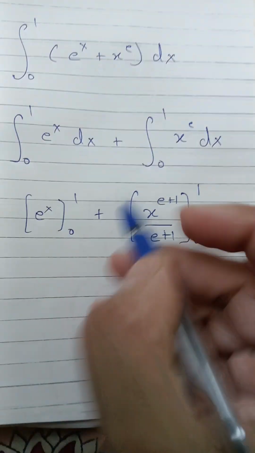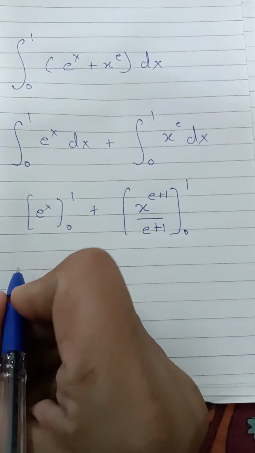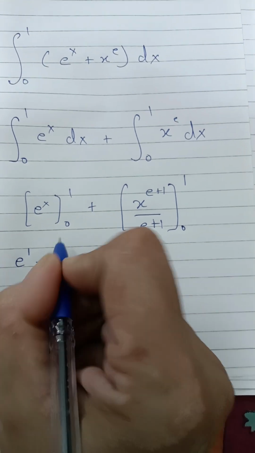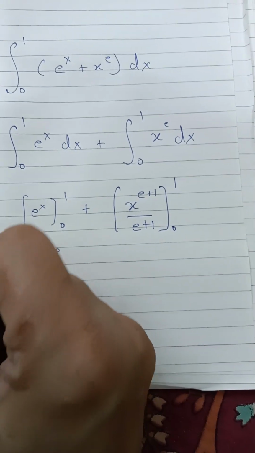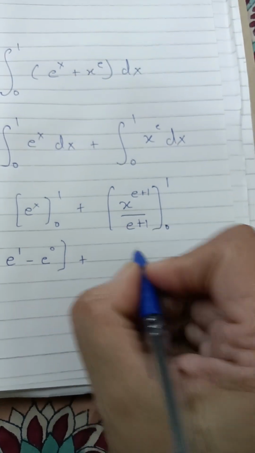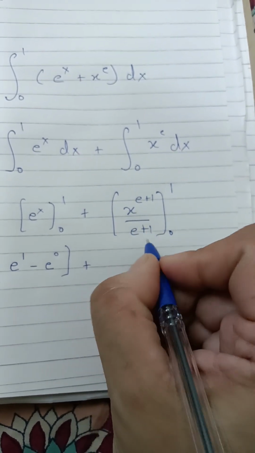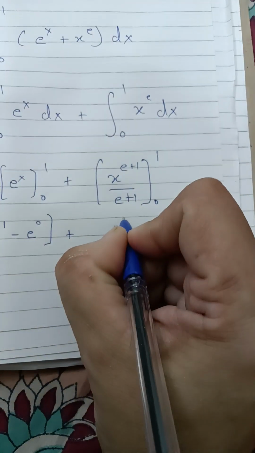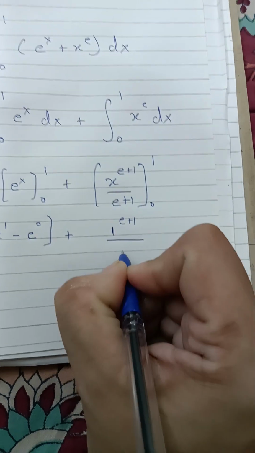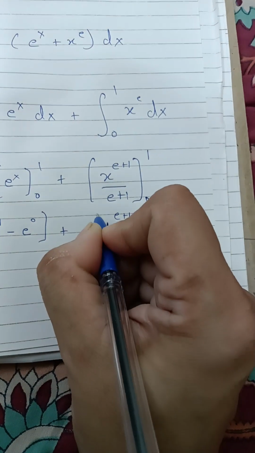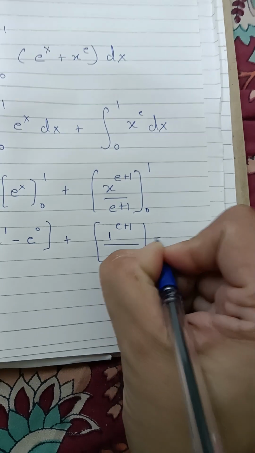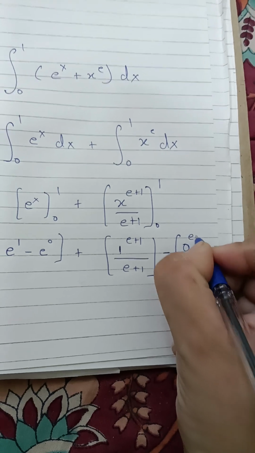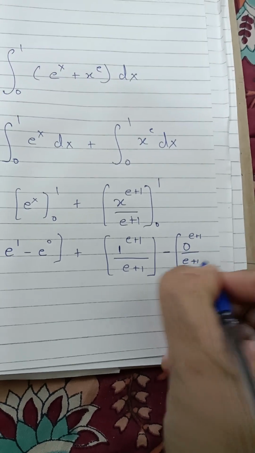Now, just putting in the values, it becomes e raised to 1 minus e raised to 0, plus 1 raised to e plus 1 upon e plus 1, minus 0 raised to e plus 1 upon e plus 1.